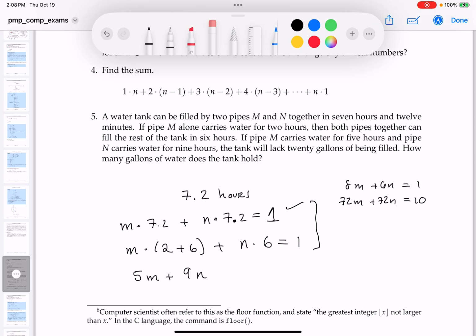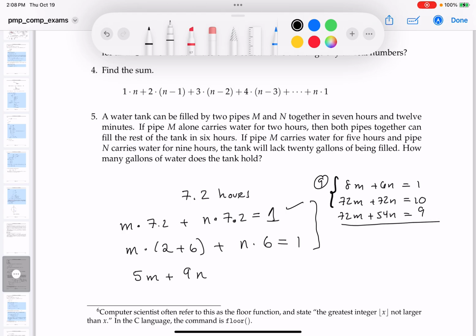I'm looking at this thing, and I'm wondering how am I going to eliminate there, and it doesn't look that bad. So I'm going to take this as a system of linear equations, by the way, and I'm going to multiply the top equation by 9. And what do you get? Well, 9 times 8 is 72, and 9 times 6 is 54, and 9 times 1 is 9. I'm going to subtract, and what do you get there?